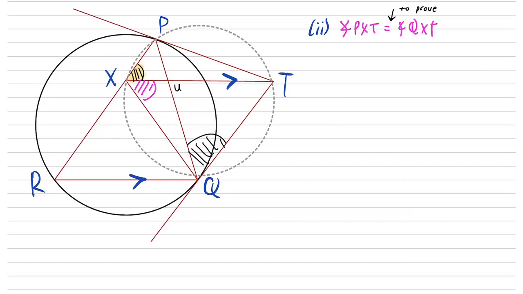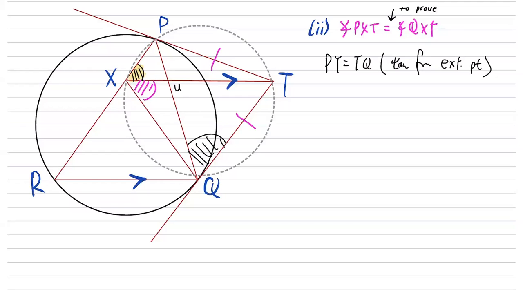Now, first thing you need to realize is that we have yet to use the fact that these two are tangents. In particular, this is an ice cream cone. This is an ice cream cone, tangents from external point. In other words, this length and this length are equal. PT equals TQ. So let's just write that down first. PT equals TQ, tangents from external point.